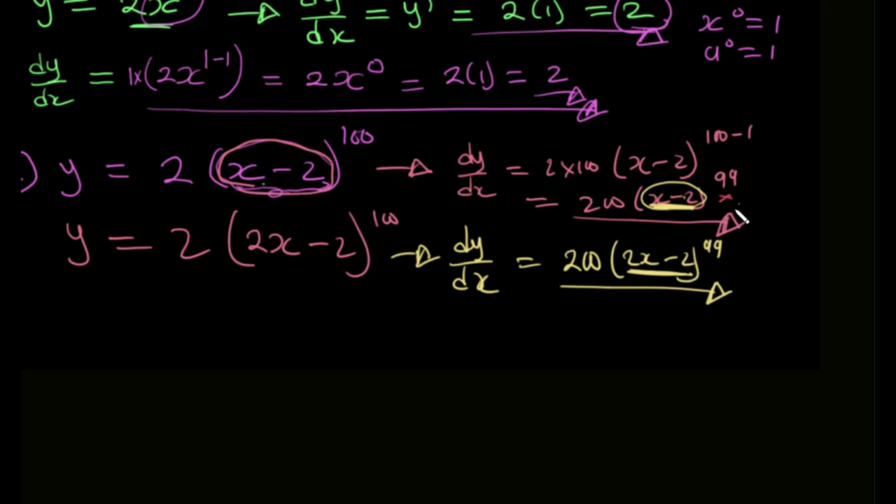So this whole answer becomes 200(x minus 2) to the power 99. But if we introduce chain rule here, this becomes the derivative of 2x minus 2, which is 2. So this becomes 400(2x minus 2) to the power 99.